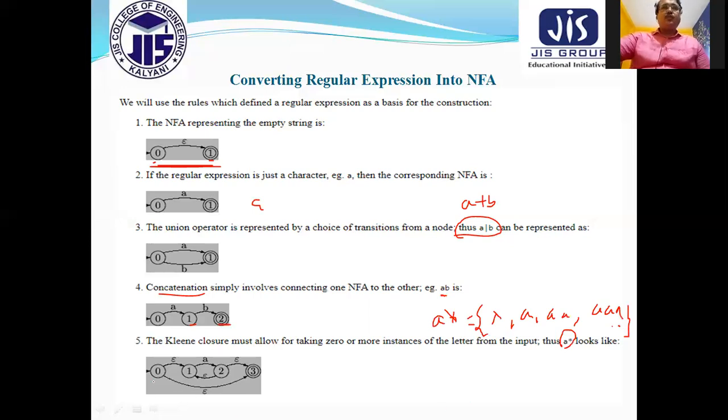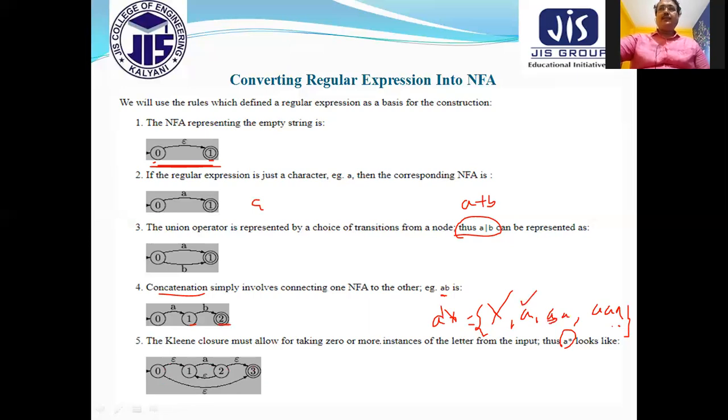In this expression, taking the 0 state, it also goes to the final state, because null is also acceptable. Now you can take the A. By taking null, I can come here. Again taking the A, I can come to the next state. Again taking null, I can go to the final state. This is also acceptable.